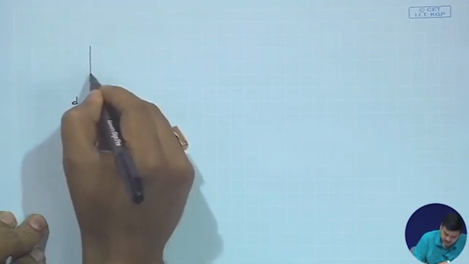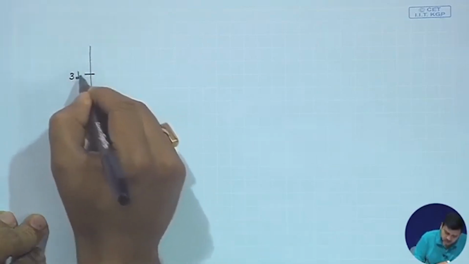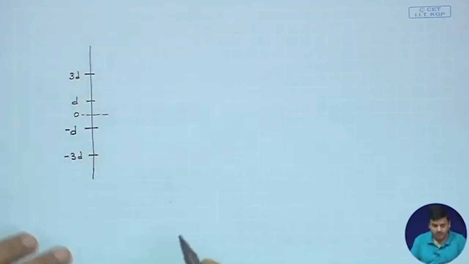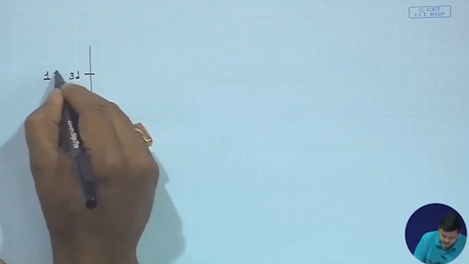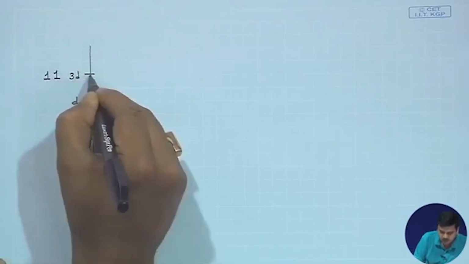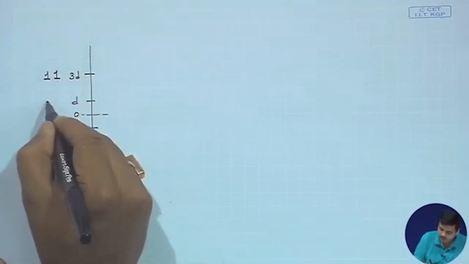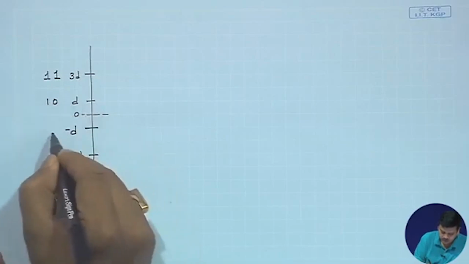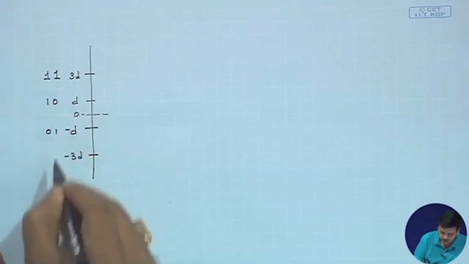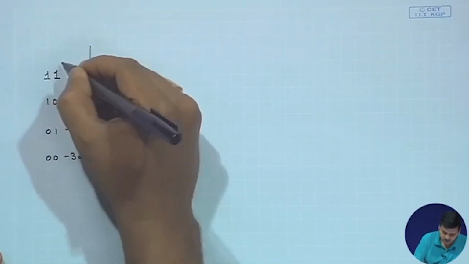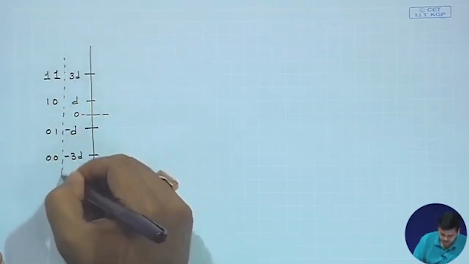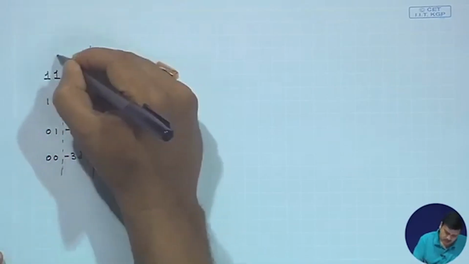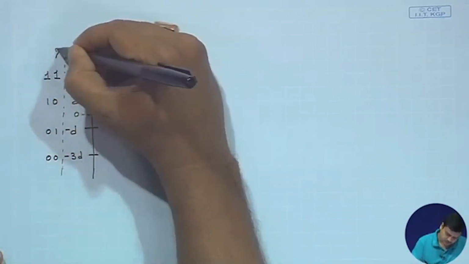So, we are trying to follow a dimension which makes sense. When a 1 1 comes, I would map to the level 3d, when a 1 0 comes, I would map to this level, when a 0 1 comes this, when a 0 0 comes this. So, this is the mapping that you do.